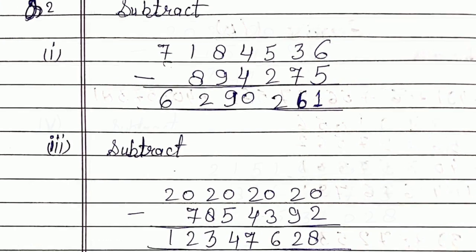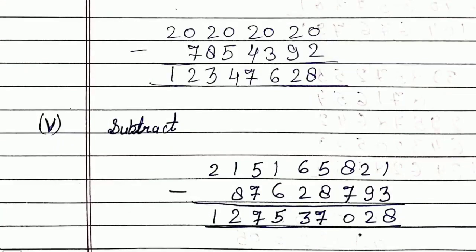Now see the fifth part also. So now here in this part, as you can see, two numbers are given. We will write the bigger number on the upper side and the small number on the down side, and see whether all the digits are in the correct column or not. Then you will start subtracting, because if you do not write in the correct column, then your answer will become wrong.